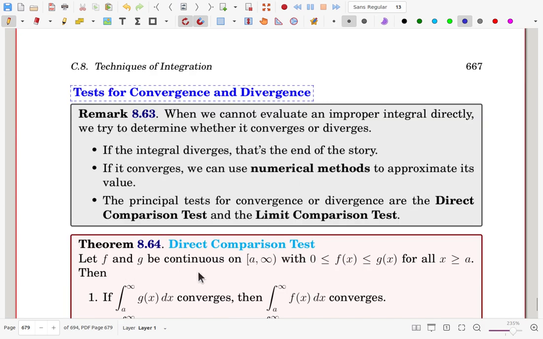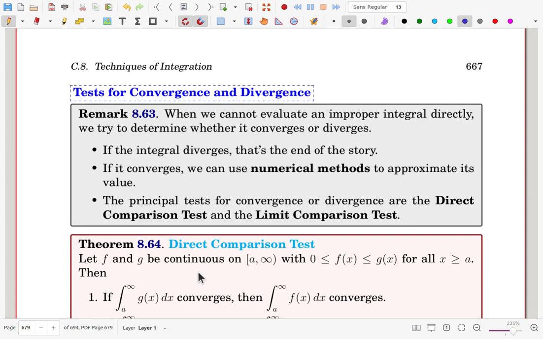So far we've tried to get the value by using the limit to evaluate the improper integrals, but sometimes we cannot evaluate an improper integral by using integration techniques.